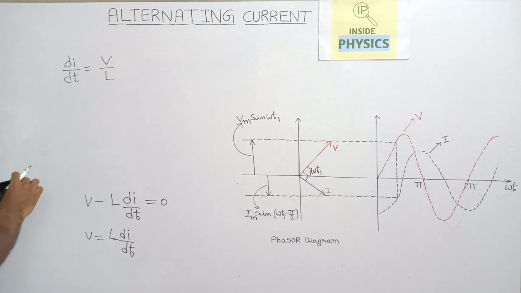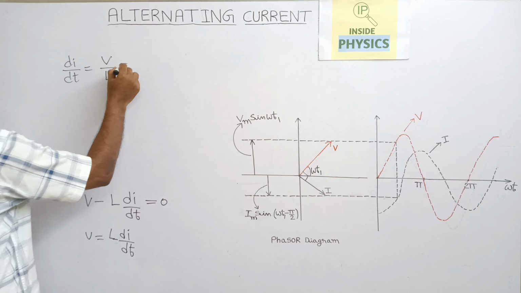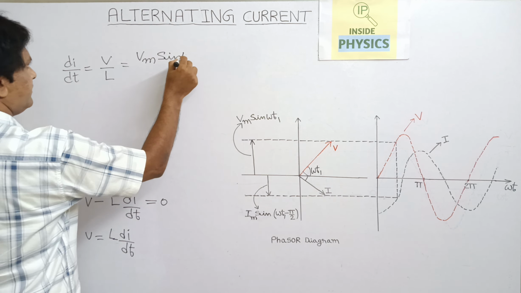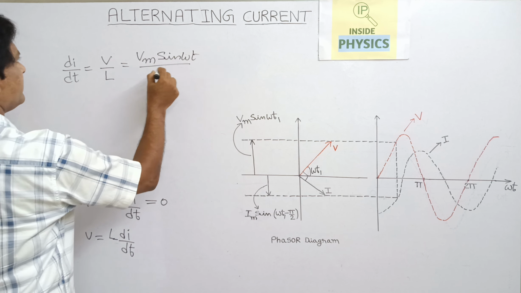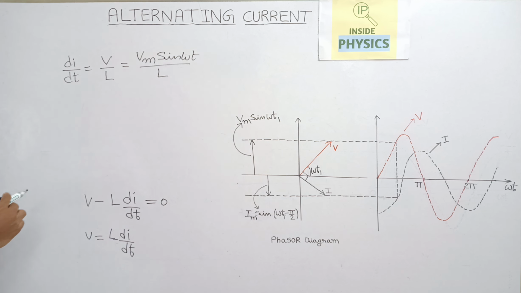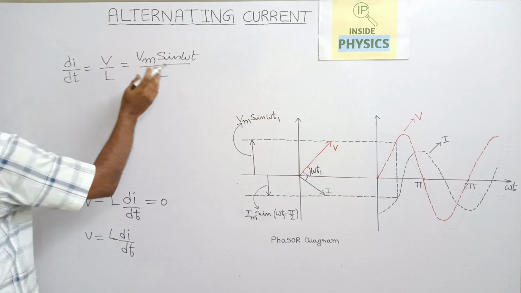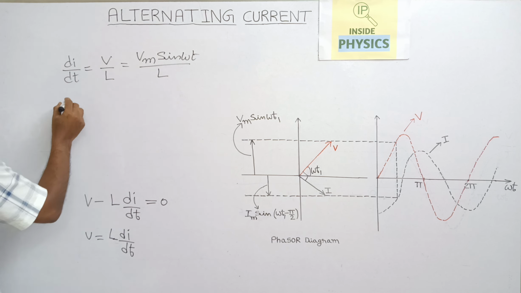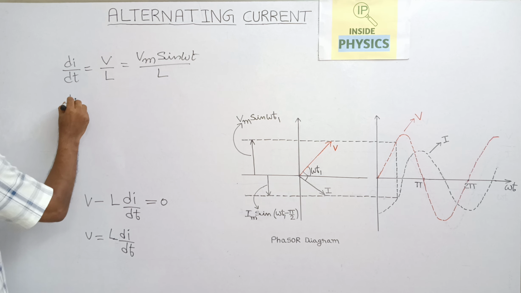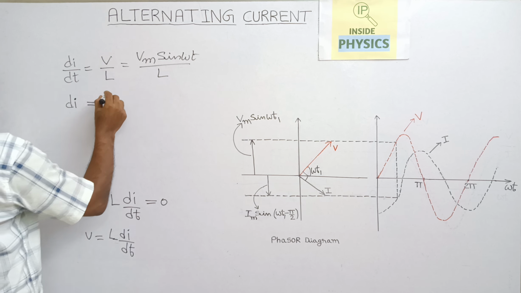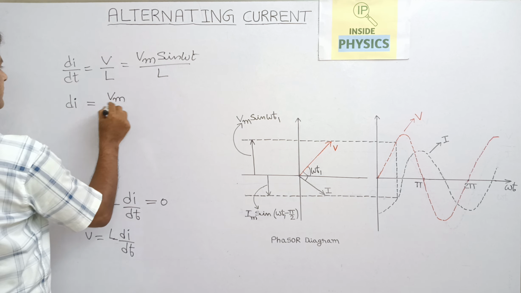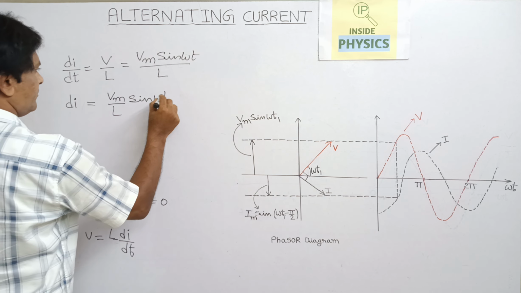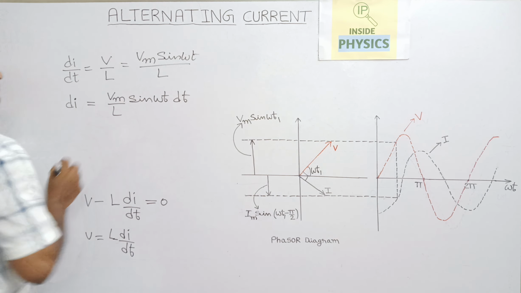Here V is nothing but Vm sin omega t, so dI by dt is Vm sin omega t by L. Multiplying both sides by dt, this becomes dI is equal to Vm by L sin omega t dt.